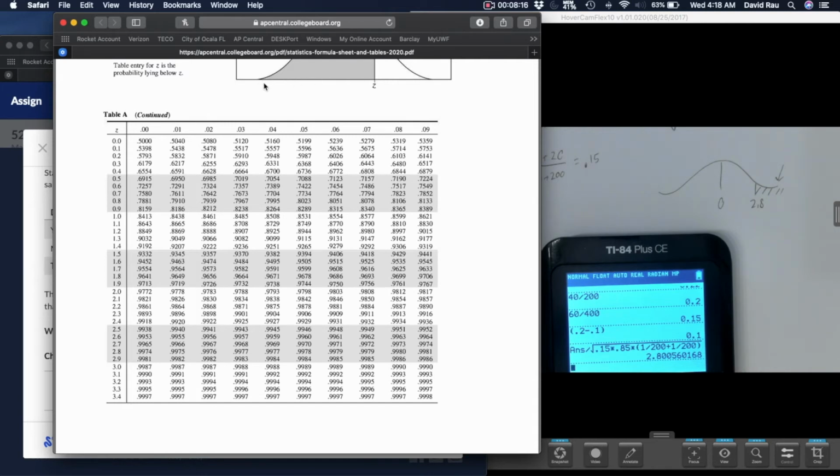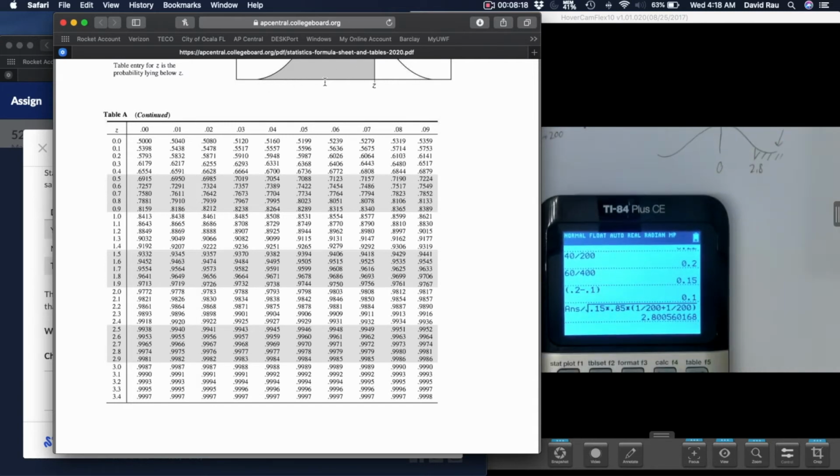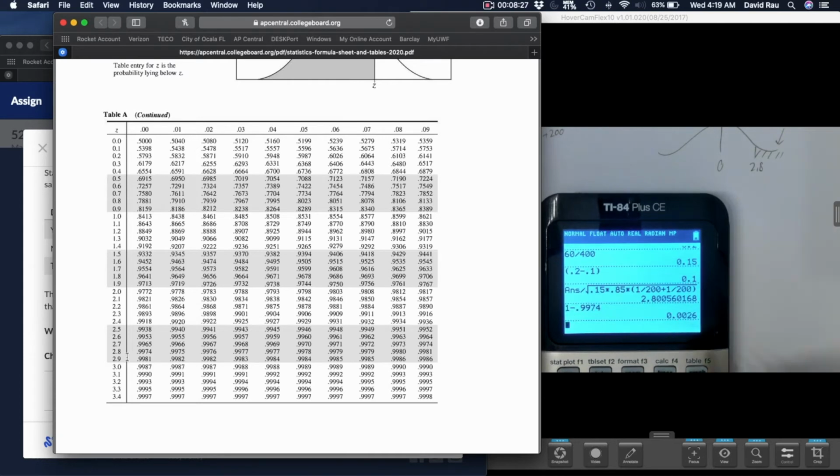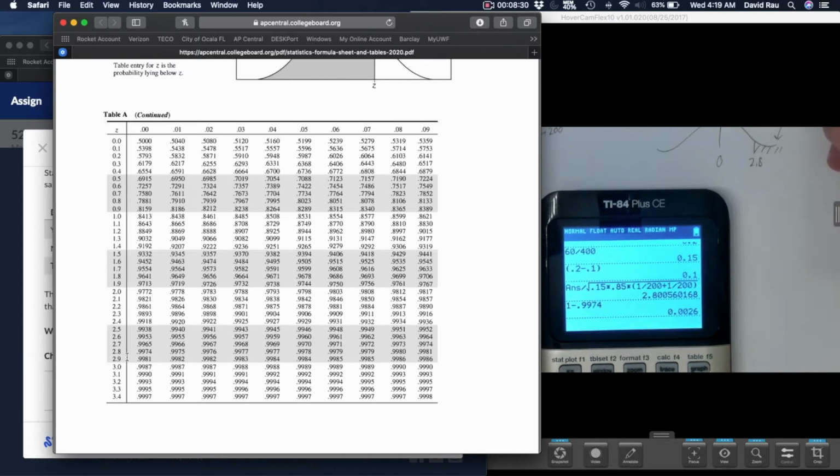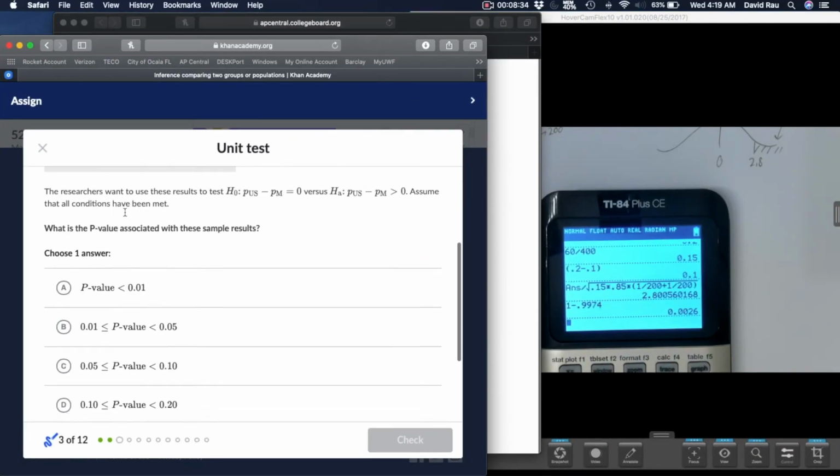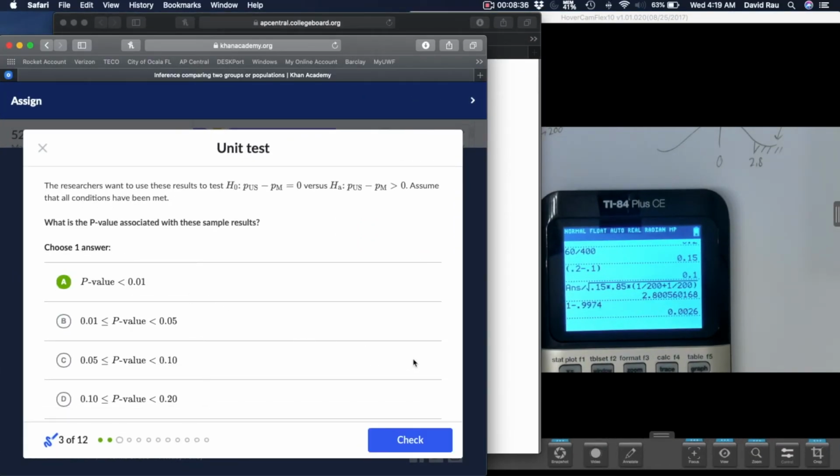Notice the shaded region is for the left. So if we want to find out how much is on the right, we take that amount, the 0.9974, and we do 1 minus that, and we'll find out how much area is remaining above, so 0.0026. Okay, all in all, I now know the p-value. It is less than 0.01, so we would be rejecting.